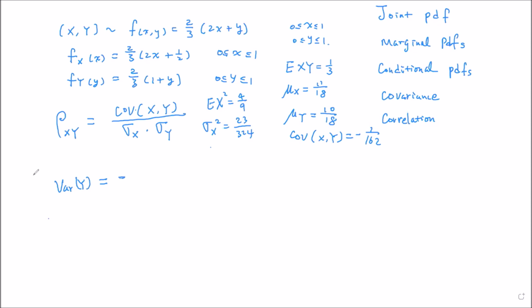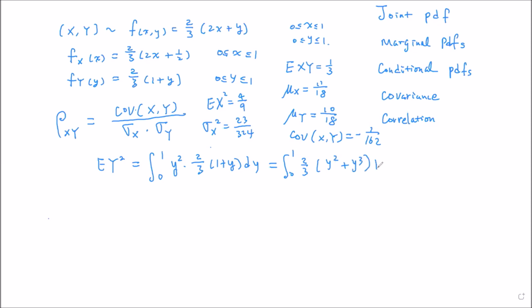Okay, so variance of Y. We wanted to find E of Y squared first. E of Y squared is the integral from 0 to 1 of y squared times the marginal of Y. So you have 2/3 and the integral of y squared plus y to the third dy, and that is 2/3 times (1/3 y to the third plus 1/4 y to the fourth), with y from 0 to 1.